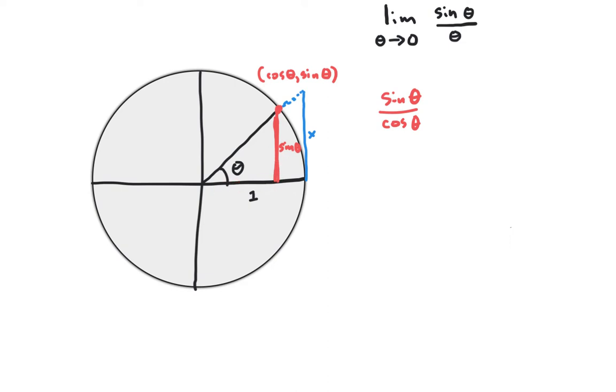And that must equal our unknown side x over 1. So again, the height and the base, we can do that since they're similar triangles. And then, well, what does that mean? That means that x is sine theta over cosine theta, which is, of course, tangent theta. So we have a length for the blue side now.